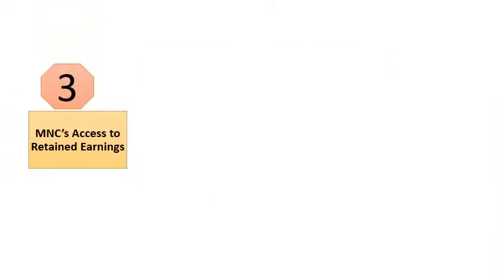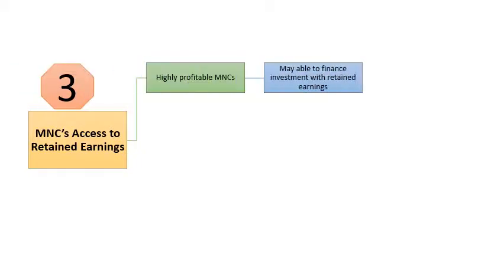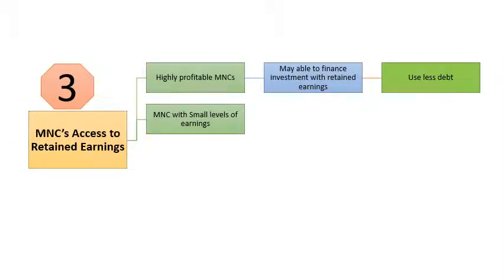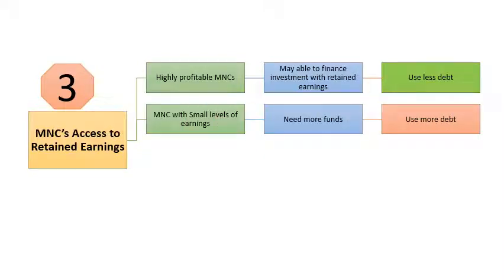The third characteristic is access to retained earnings. Highly profitable multinational companies may be able to finance investment with retained earnings and so use less debt. Conversely, a multinational company with small levels of earnings needs more funds to finance its operations, so it will use more debt.